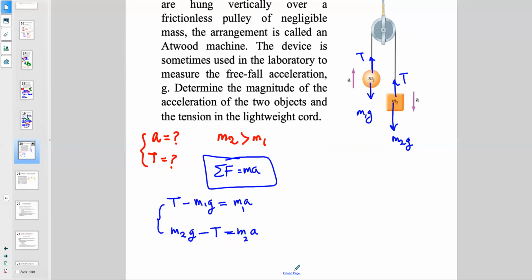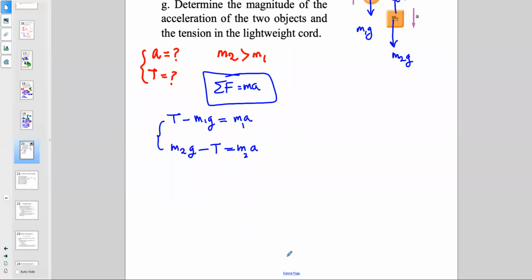Now when you're looking at this, you can kind of play with these two equations. There are two equations that are both valid, and you can find what you're looking for using them. So let's add them up and see what would happen. Whatever I have on the left-hand side of the equal sign, I have to add up, and whatever I have on the right-hand side, I have to add up as well.